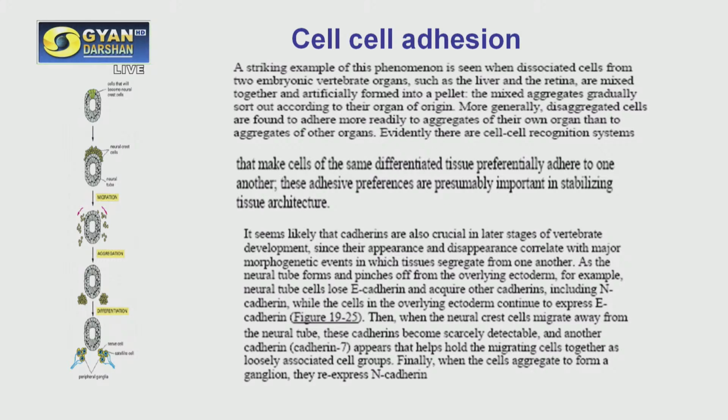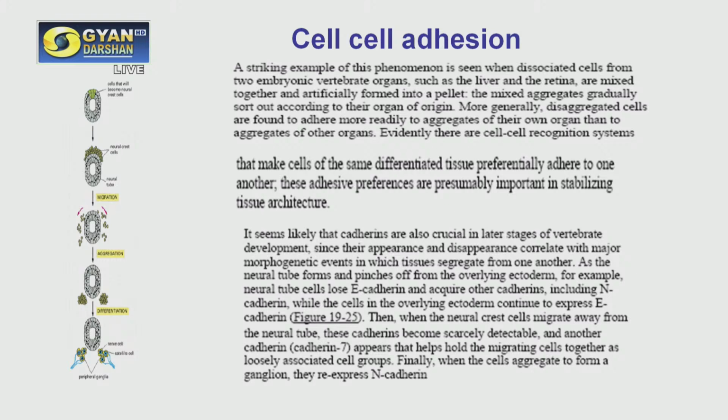Initially they are all mixed up during the embryonal stage, but later the cells need to get separated and sorted out, because all the similar cells will get sorted to give rise to a particular tissue, say a notochord, and some other cells will aggregate to give rise to a different tissue. So on what basis do these cells distinguish, get sorted out and then get aggregated? It is based on cadherins.